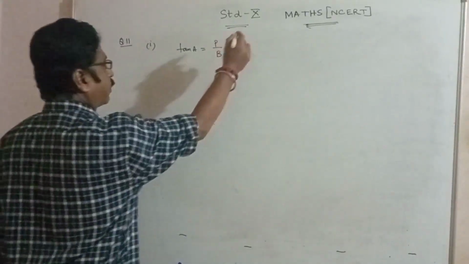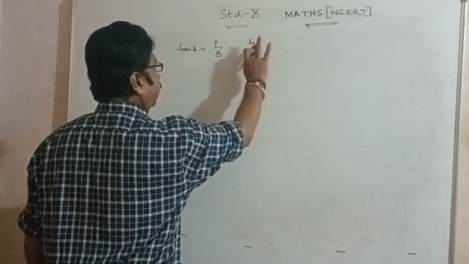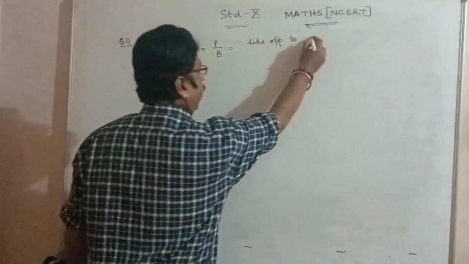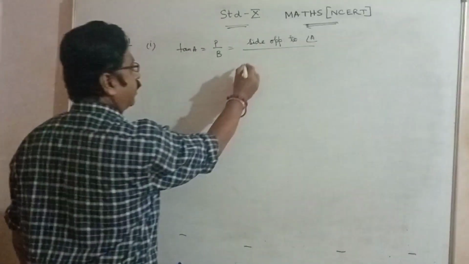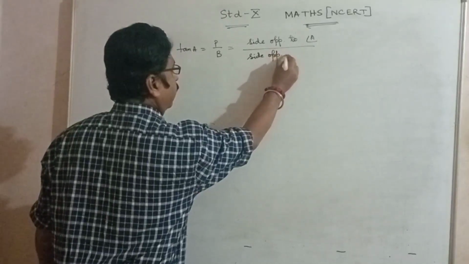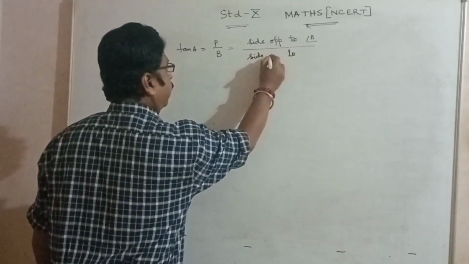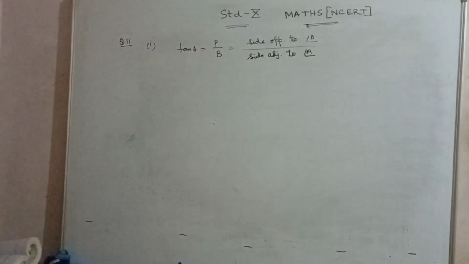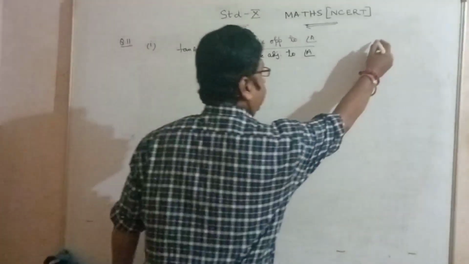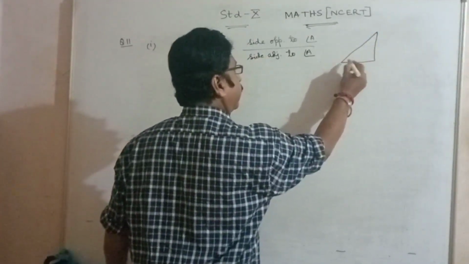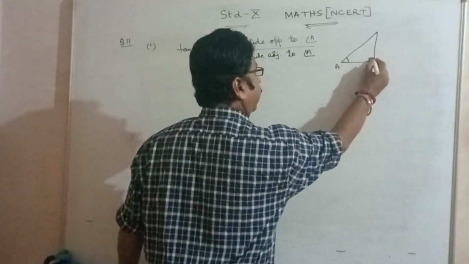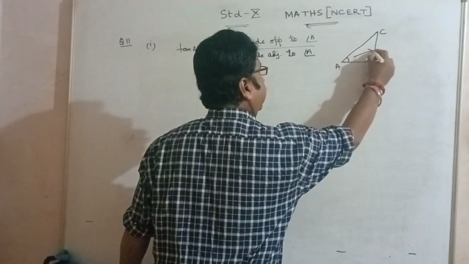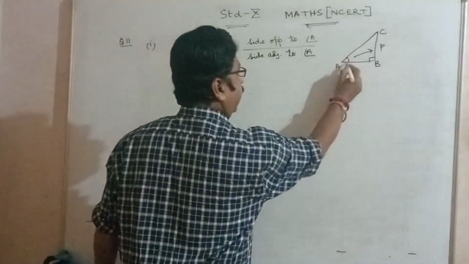Perpendicular means side opposite to angle A, and base means side adjacent to angle A. This is angle A, B, C. Opposite to this angle is perpendicular, side adjacent to angle A is base.